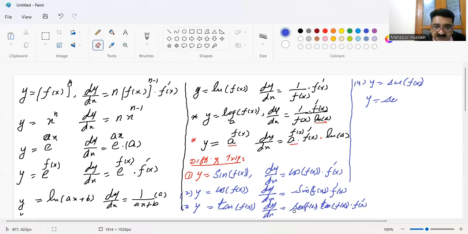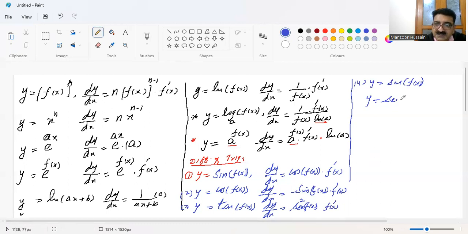It's actually the derivative of tangent is secant square only. I misinterpreted this. Once again, the derivative of tangent is only secant square, and I wrote it here. Okay. Derivative of tangent is this.